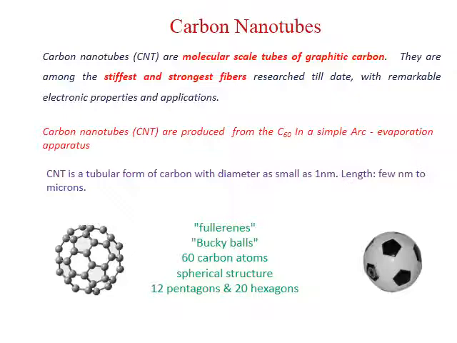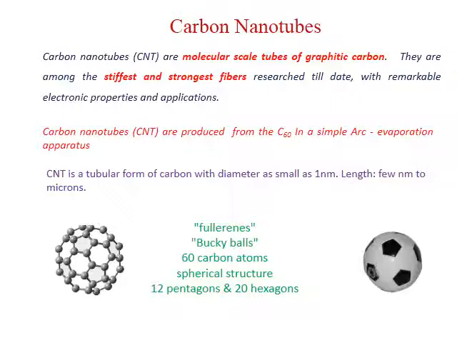Carbon nanotubes are generally produced from C60 in a simple arc evaporation apparatus. We have come across the plasma arcing technique, and a carbon nanotube is a tubular form of carbon with a diameter as small as 1 nanometer and a length of a few nanometers to microns.